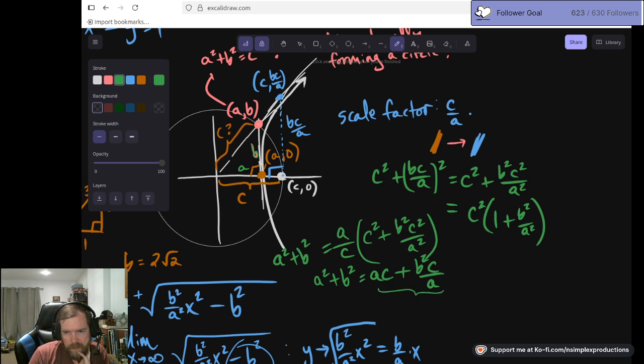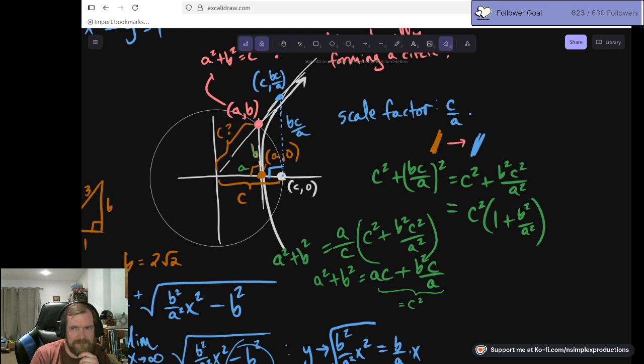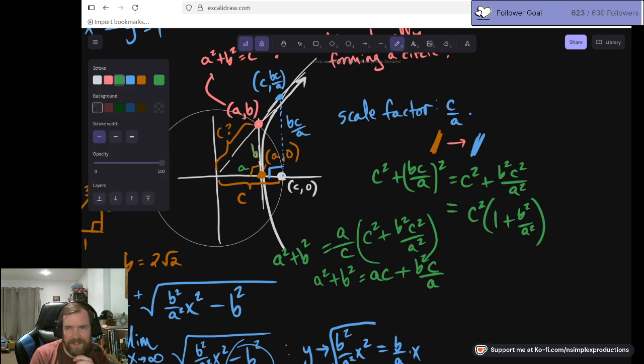So the next part is showing that all of this is equal to c squared, which I'm sure 100% works. It has to.